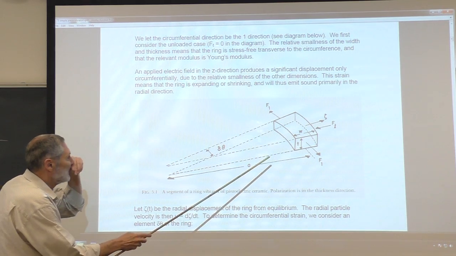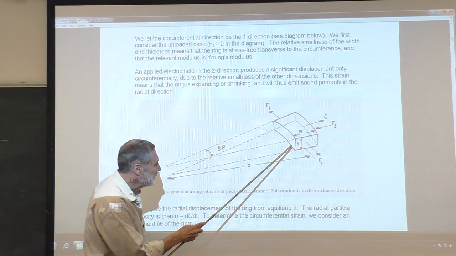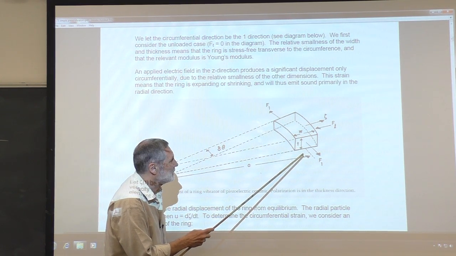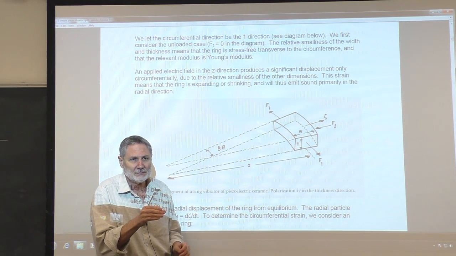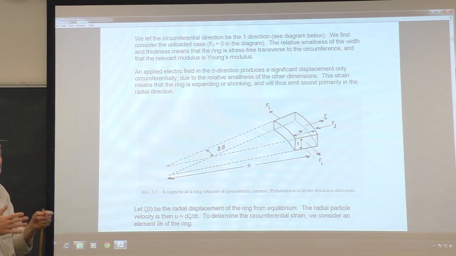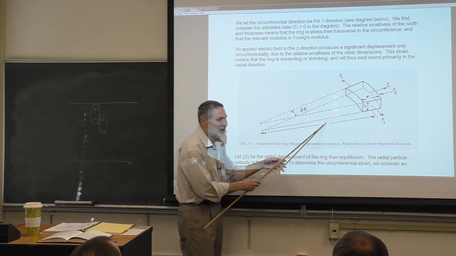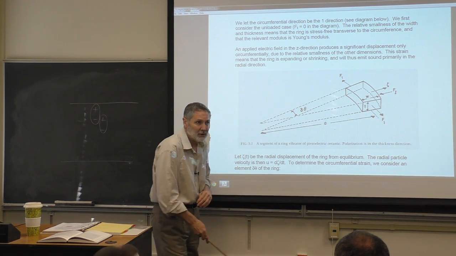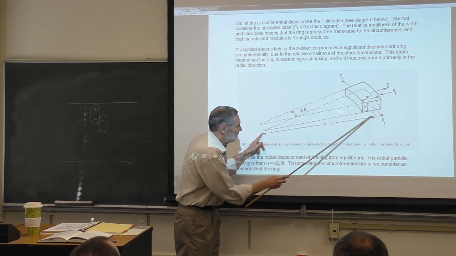Okay, now, when this thing strains, because these dimensions W and T are small, there's not going to be much displacement there, right? The strain is going to be proportional to the ambient values. This A is an ambient value when you're not driving it, and this W and this T, okay? When you're driving it, this value will change.